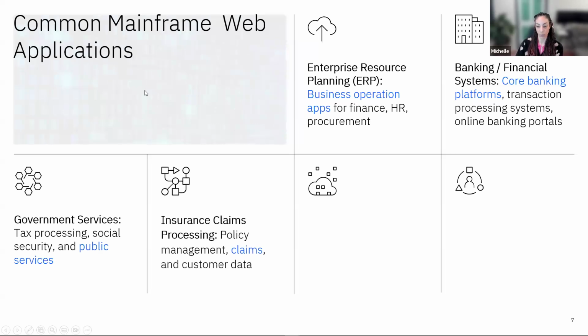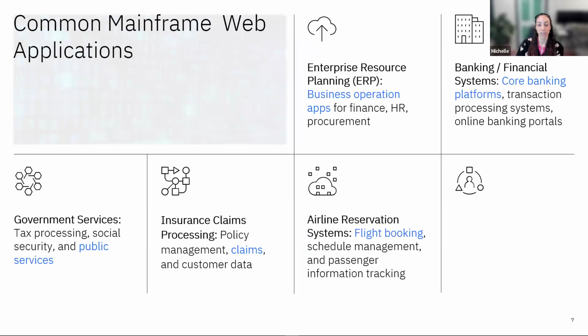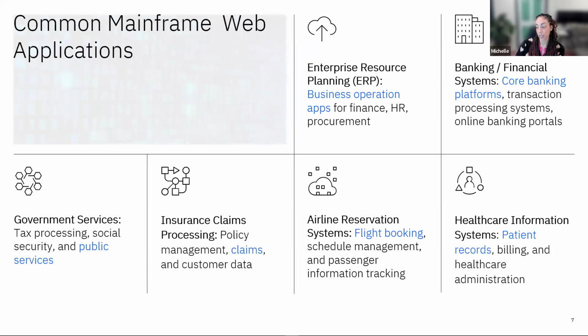Insurance claims processing as well, customer data, policy management. You'll find airline reservation systems using mainframe as well with their web applications for flight booking, schedule management, passenger information tracking. And we also see a lot of healthcare information systems with patient records, billing, and healthcare administration. This is not an exhaustive list, but these are some of the most common web applications that we do see integrated within the mainframe environment.